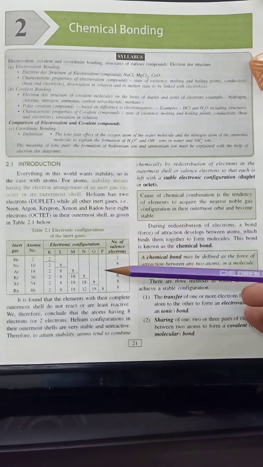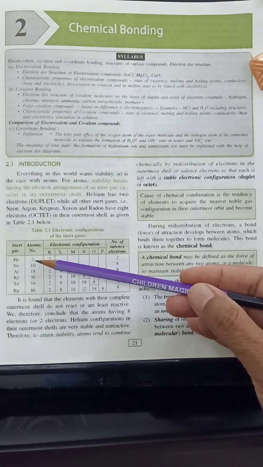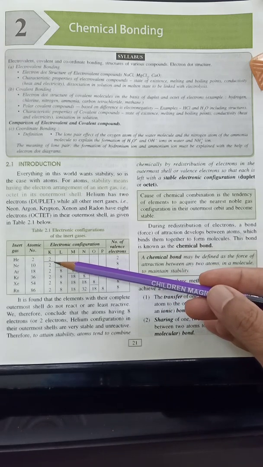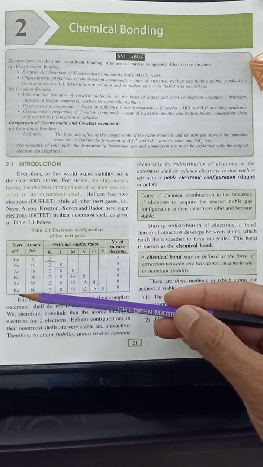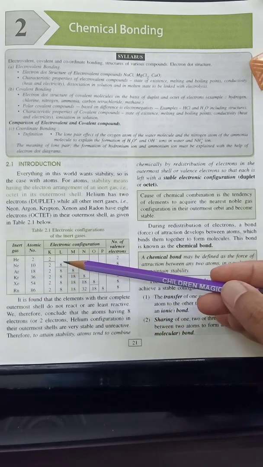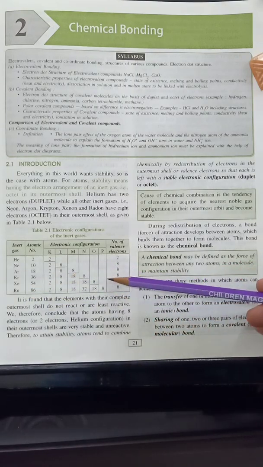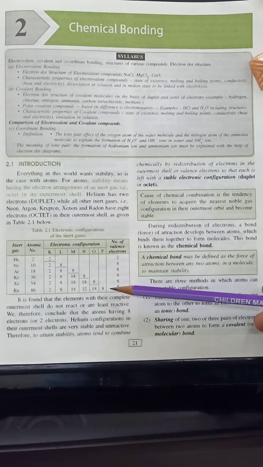And these are the electronic configuration of all the inert gases. Helium has atomic number of 2, so it has 2 electrons in the first shell, so it is complete. This is called the duplet state, and all other inert gases like neon, argon, krypton, xenon, radon, they all have 8 electrons in their outermost shell, and this makes their atom completely inert, and that is why they are also called inert gas.